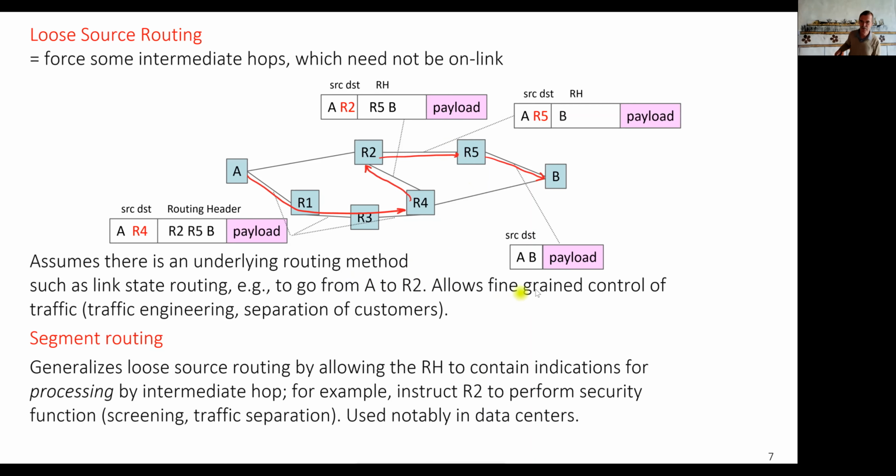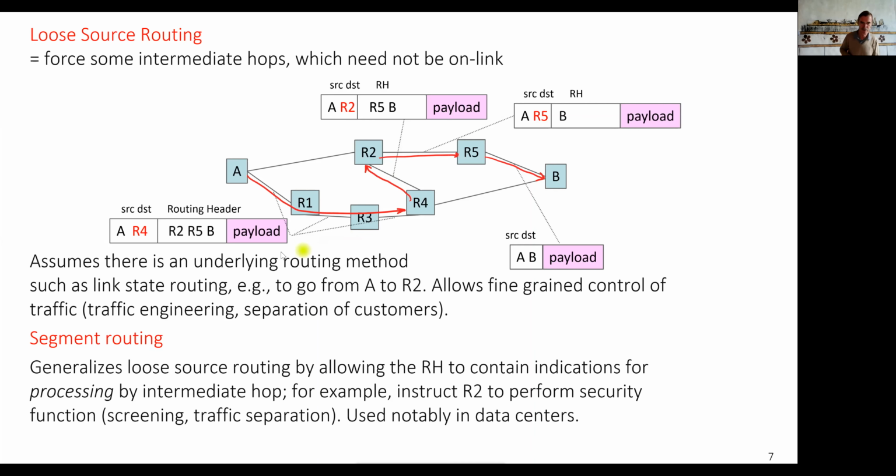This is used for what we call traffic engineering. That allows us to have fine-grained control of traffic. If you want to force some kind of traffic to not go via R2, which might be the normal, the default route that A has to go towards B, then you can supersede the decision of the routing protocol in this way.